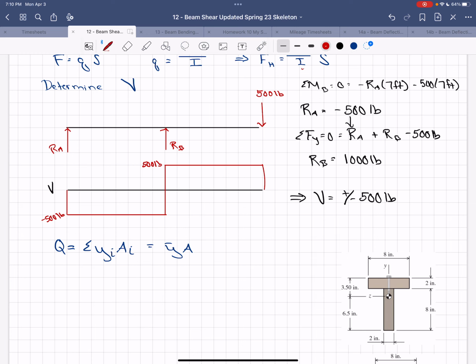So the area I'm going to look at is right here, this top block.